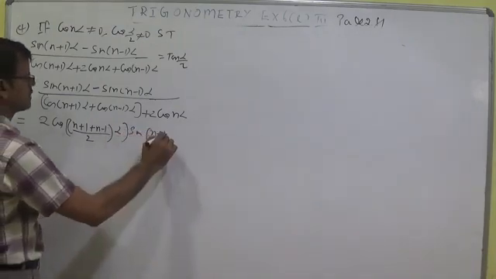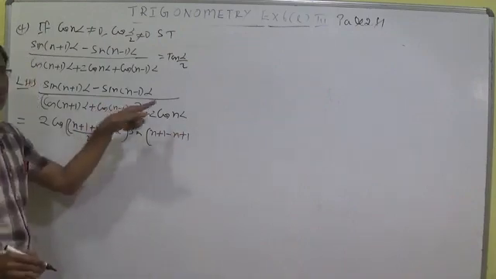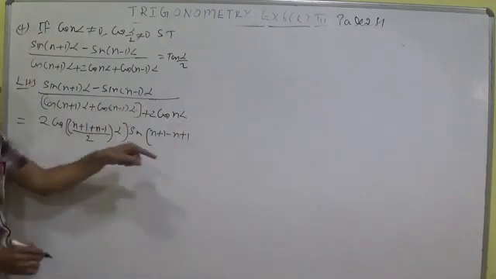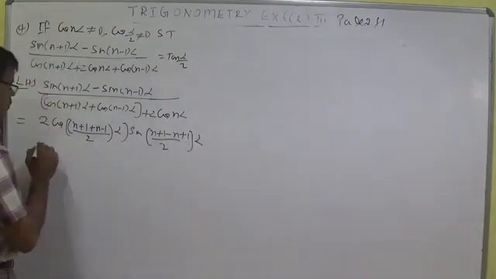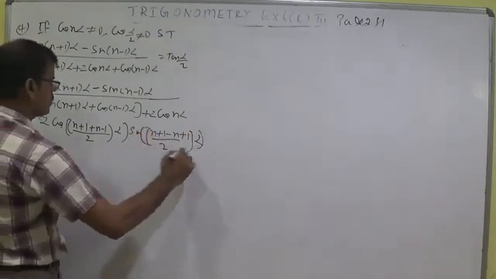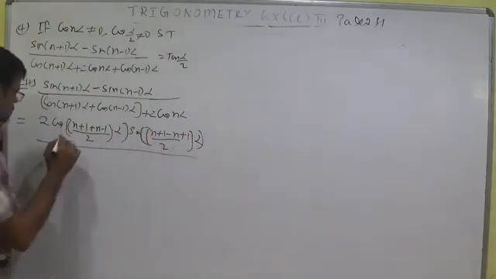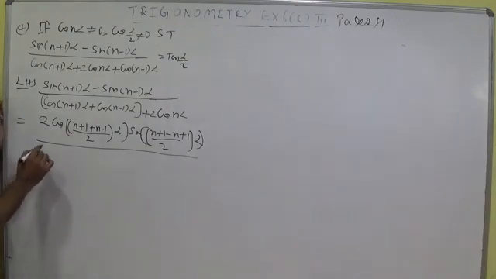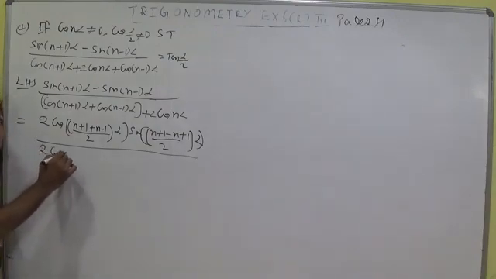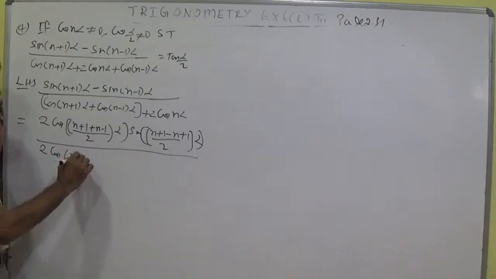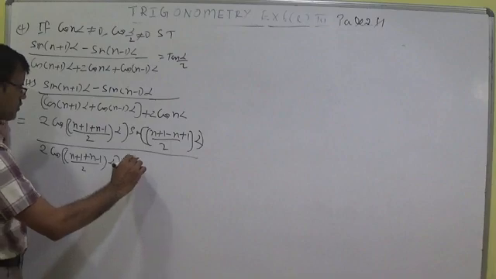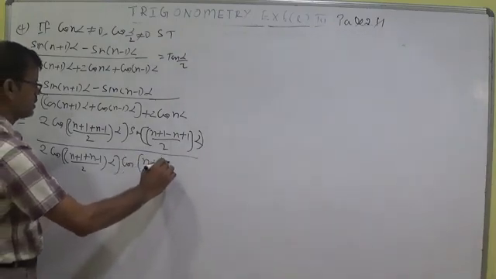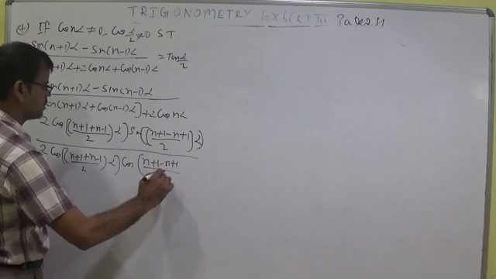This can be written as (n plus 1 minus n plus 1) whole by 2 within bracket alpha, whole by, for the first two terms we write the formula of cos C plus cos D, which is 2 cos of (C plus D) by 2 into cos of (C minus D) by 2. So (n plus 1 plus n minus 1) into alpha, next cos of (n plus 1 minus n plus 1) whole by 2 into alpha.